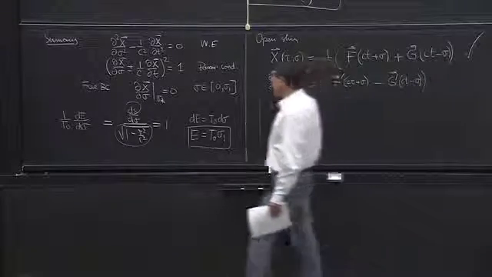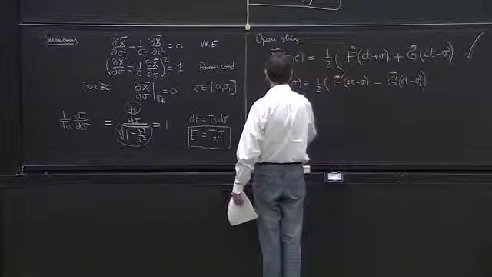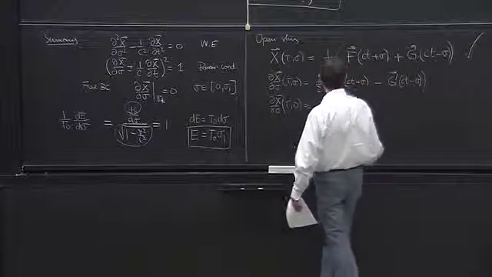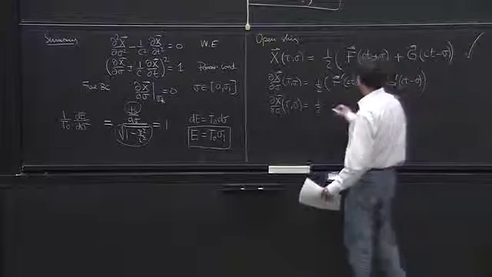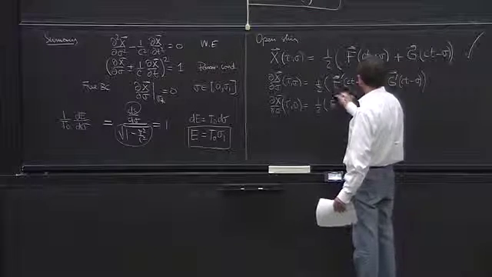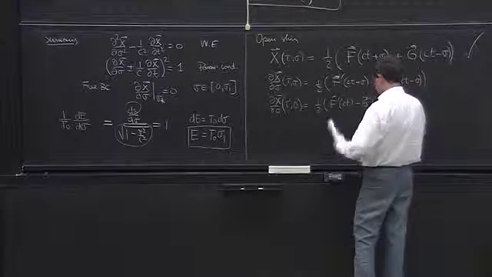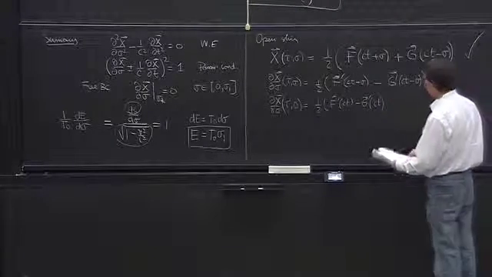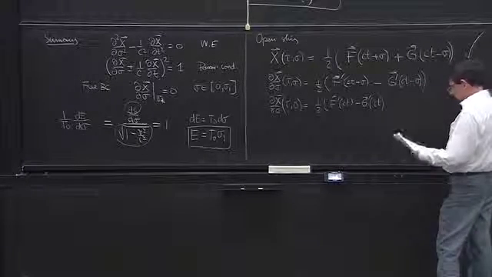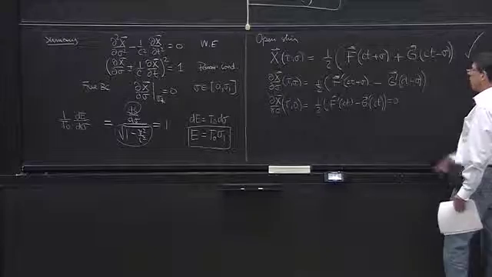And this should vanish at sigma equals 0. So dX d sigma at tau and 0 must be 0. And what do we get? I get 1/2 of f prime of ct minus g prime of ct equals 0. So what do you learn from here?